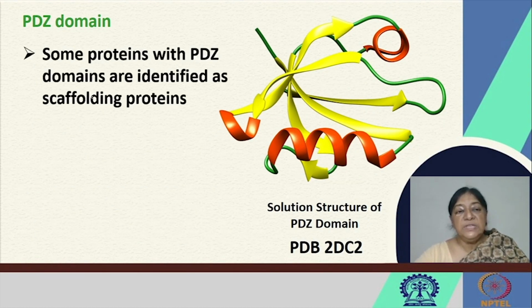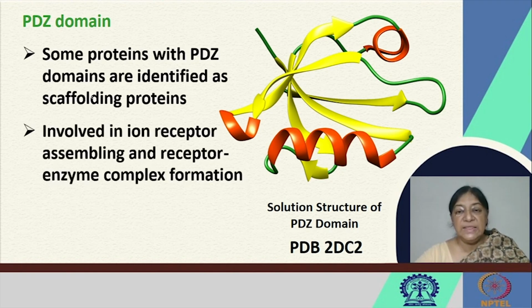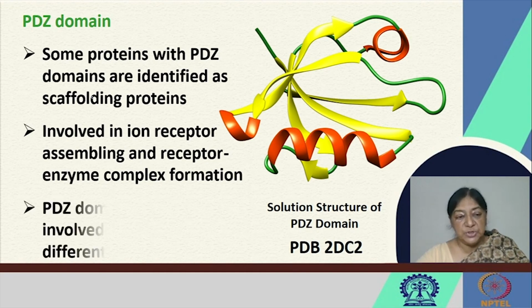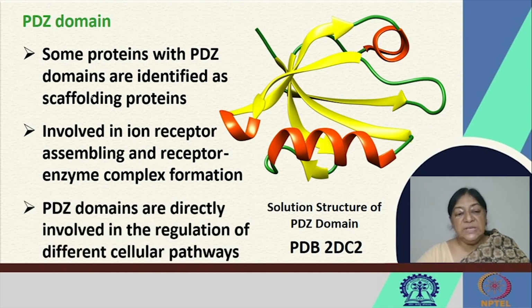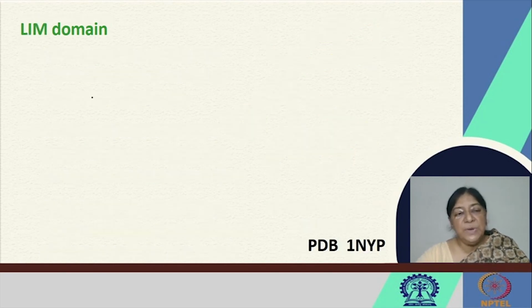Some proteins with these PDZ domains are identified as scaffolding proteins, and they are involved in ion receptor assembling and receptor enzyme complex formation. And these PDZ domains are also directly involved in the regulation of different cellular pathways. So we realize the importance of the recognition, the importance of the types of residues involved in this recognition. In the last domain that we're going to look at, this is the LIM domain.